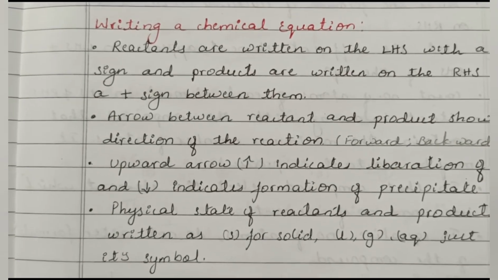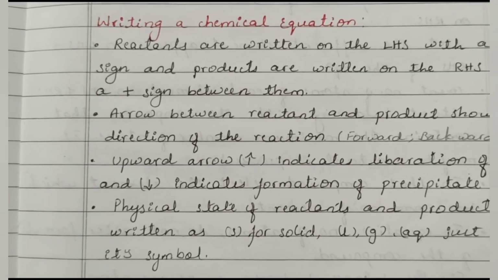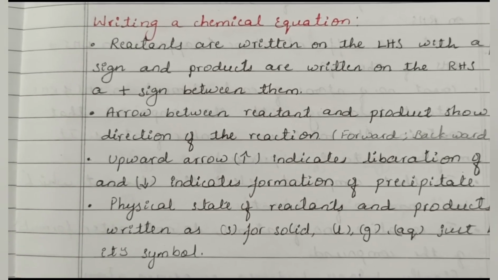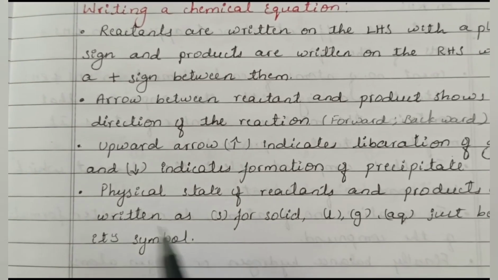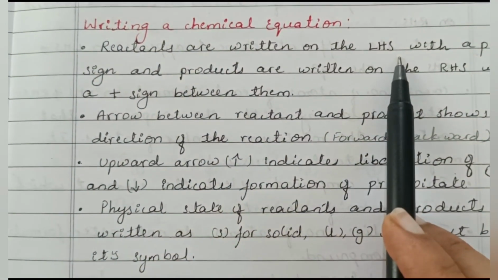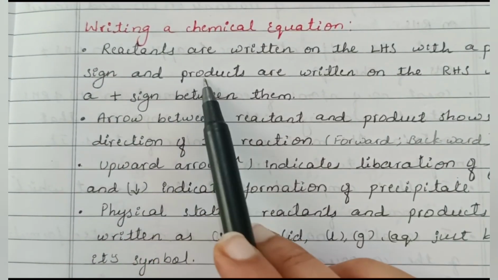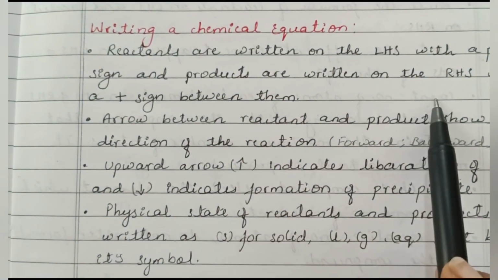While writing the chemical equation, we have to follow certain rules. Which are those? We will see. The reactants are written on the left hand side with a plus sign and the products are written on the right hand side with a plus sign between them.